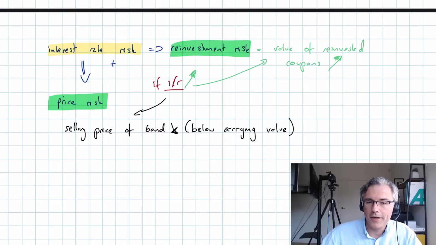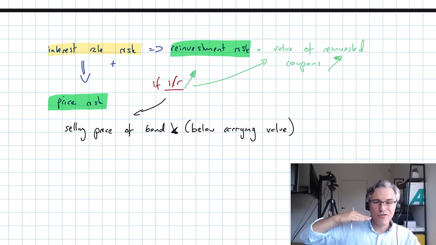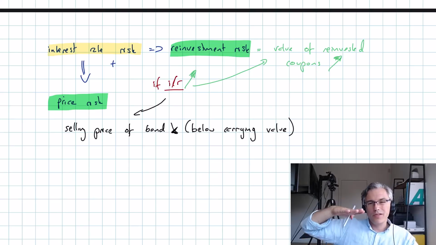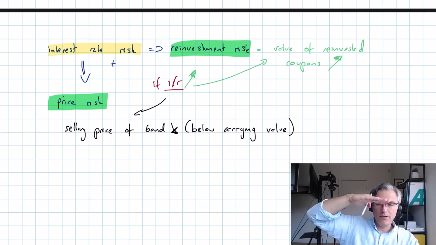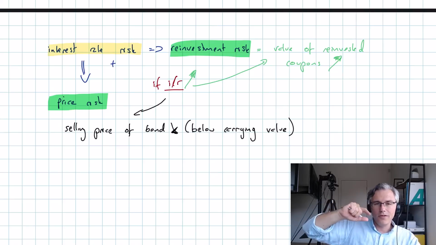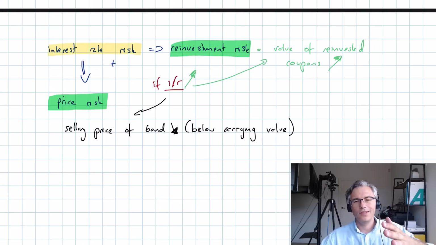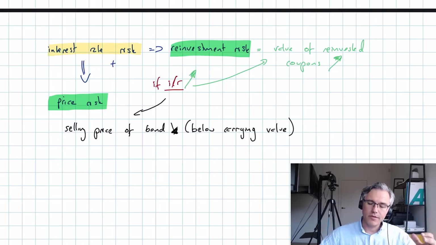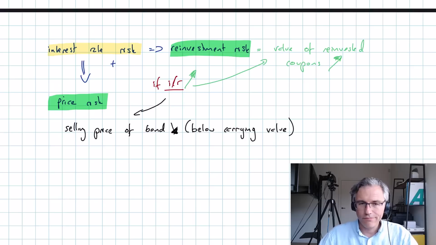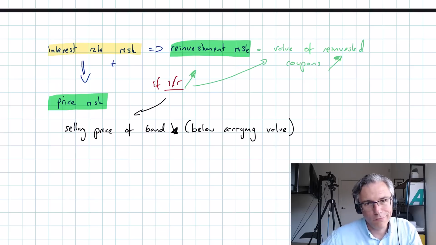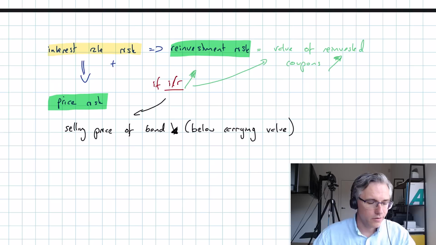If yields remained constant, the price of a discounted bond would actually be slowly moving up due to the amortization of discount. But here we talk of a drop below carrying value, and of course, this is only true if we have a bond that matures beyond our investment horizon. If it matures within our investment horizon, we get to that nice round 100.